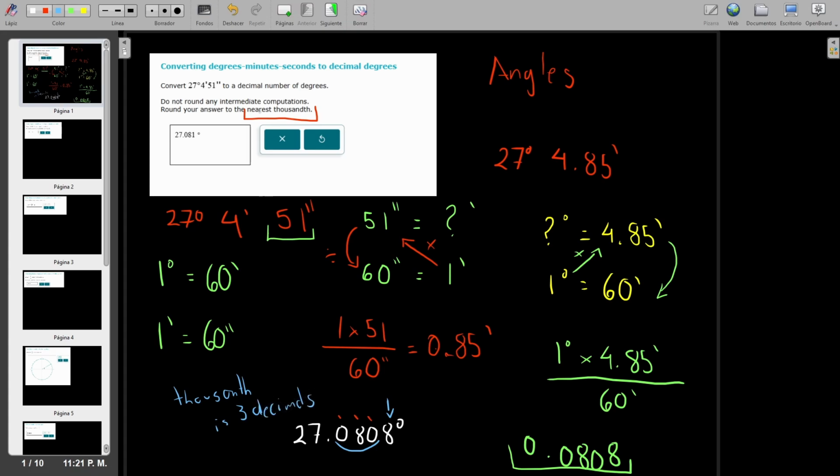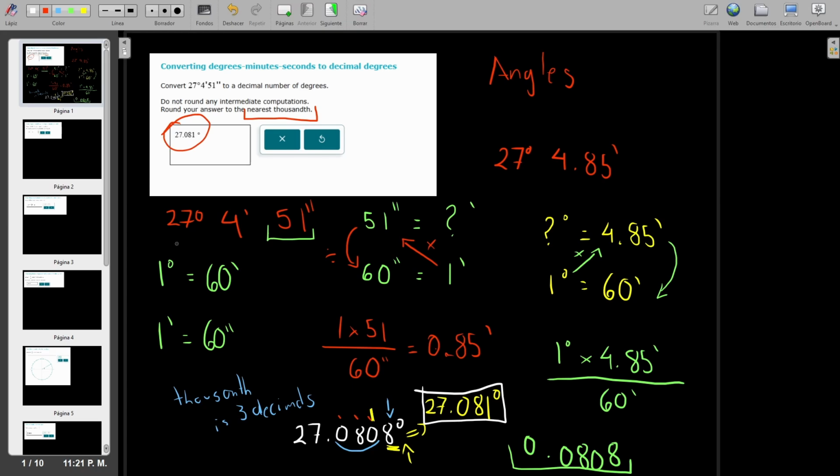So the correct answer, rounding this, is 27.081 degrees. As you can see, this is our correct answer.